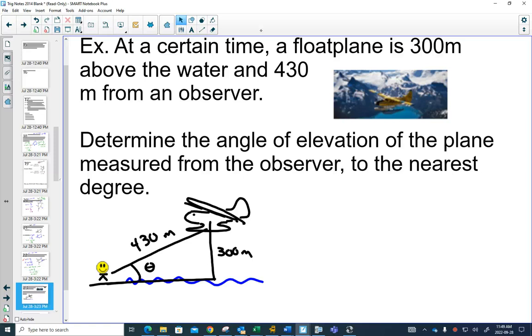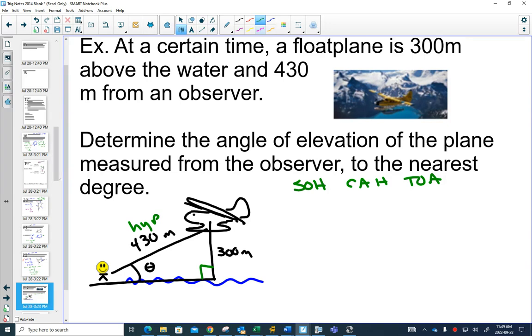Okay. So, SOHCAHTOA, which one should we use? I can label the hypotenuse right away because that never changes. Here's my 90 degrees.